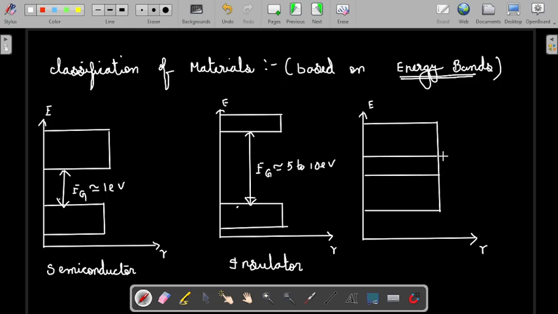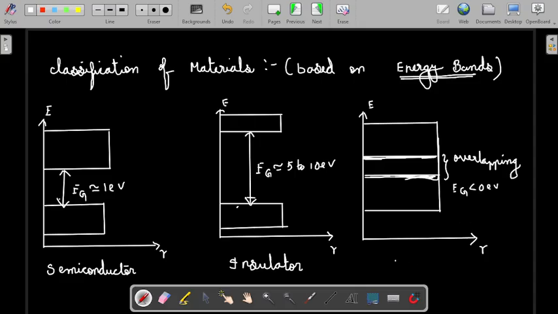But here if you see, this is not a gap. Up to this, it is the valence band. This up to this is the conduction band, and up to this is the valence band. You see there is an overlapping of bands. So here there is no Eg. Eg is less than 0 eV.